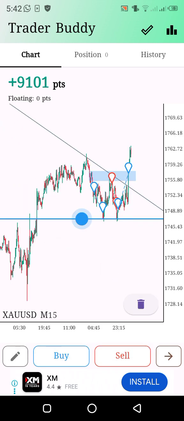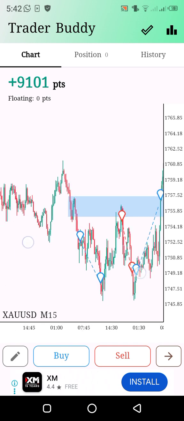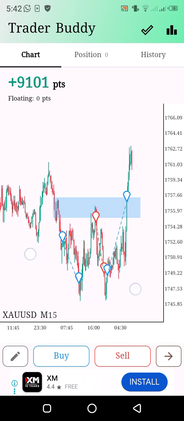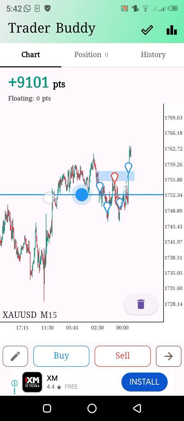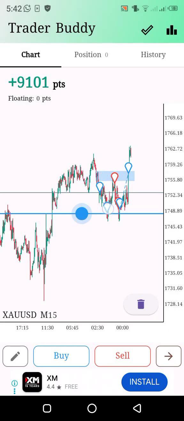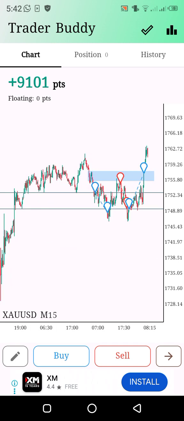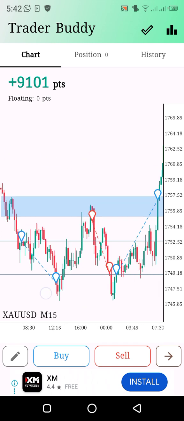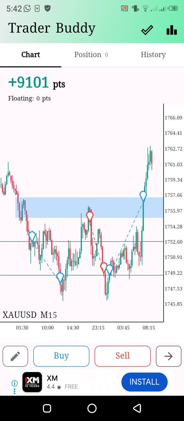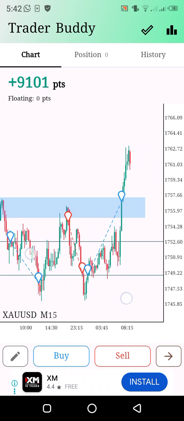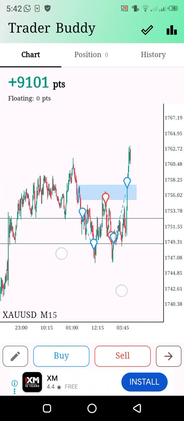So for clarity, let's first remove all this. I see the price has been ranging in this range, and then afterwards it has cleared and then went all the way up.